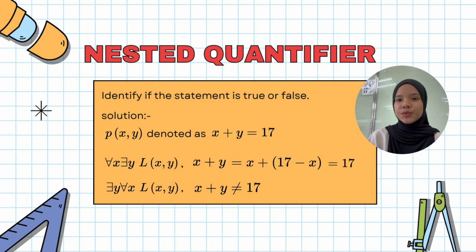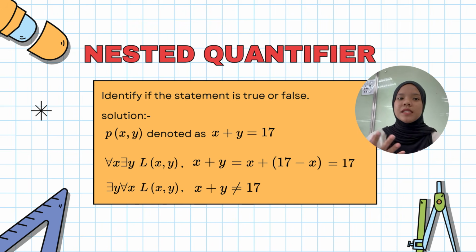This statement is true because once x is selected, y equals 17 minus x does exist, and x plus y will be equal to x plus 17 minus x, which equals 17.